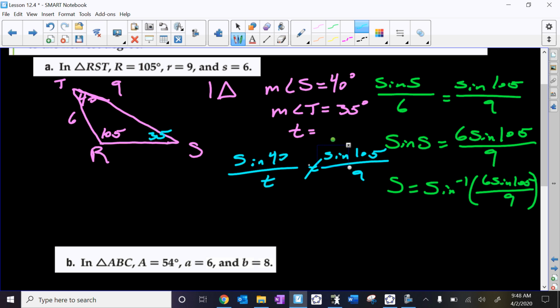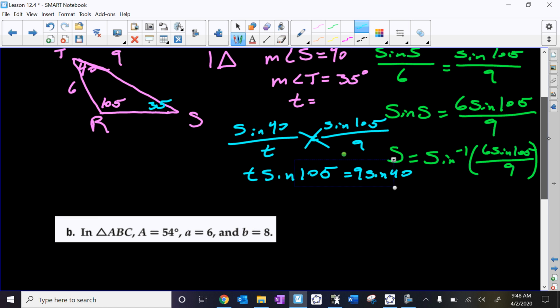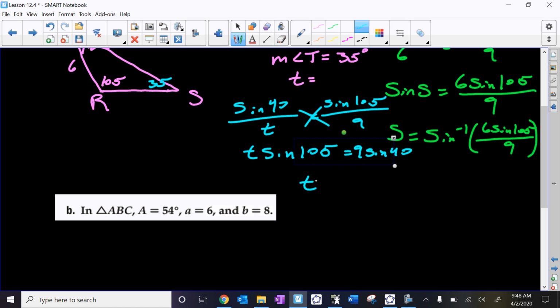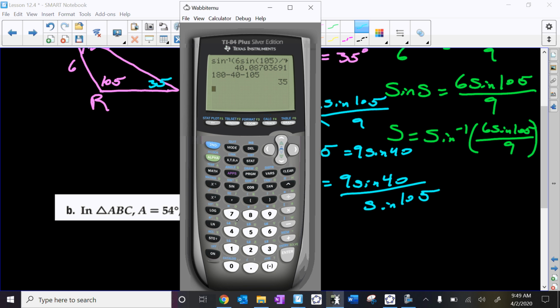I'd cross multiply this time, getting us T sine of 105 equals 9 sine of 40. Divide by sine of 105. T equals 9 sine of 40 over sine of 105. Calculator work again.